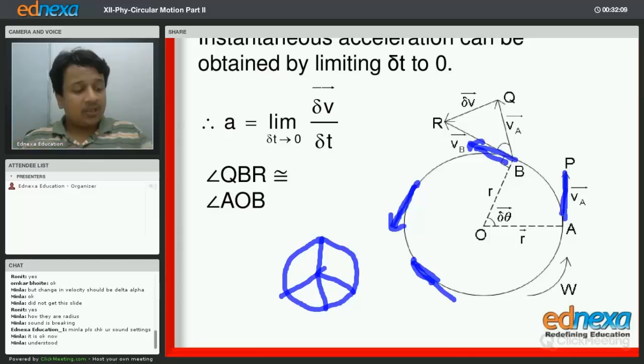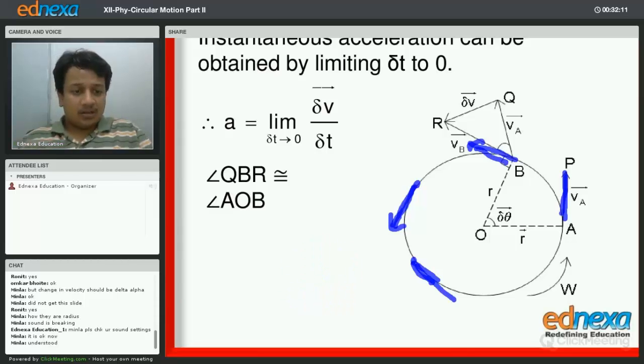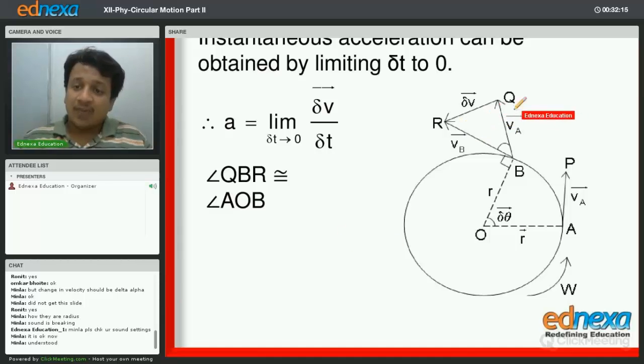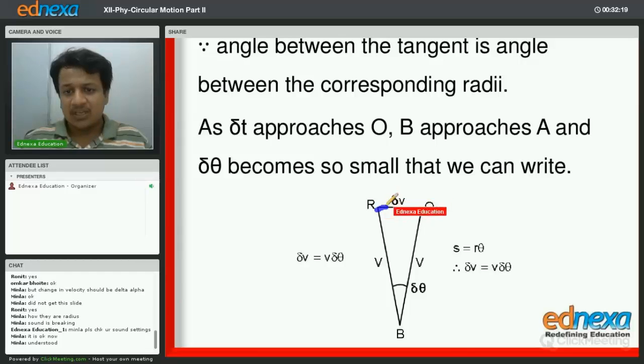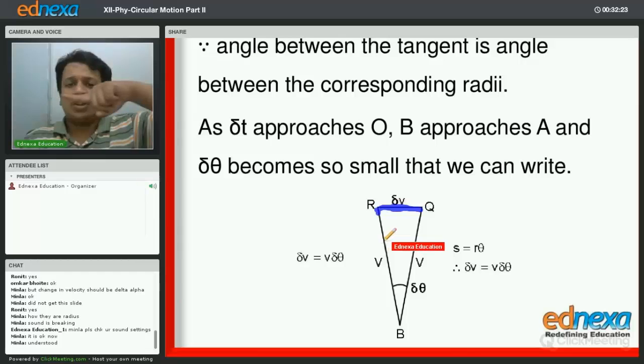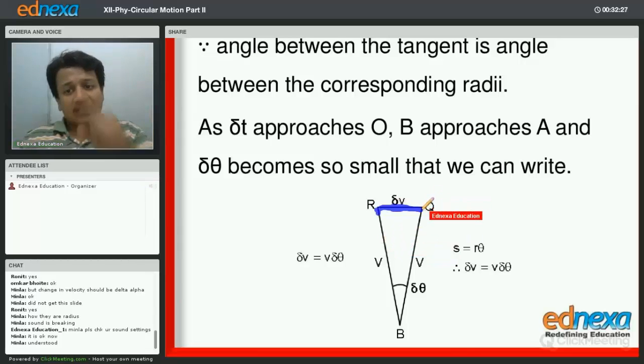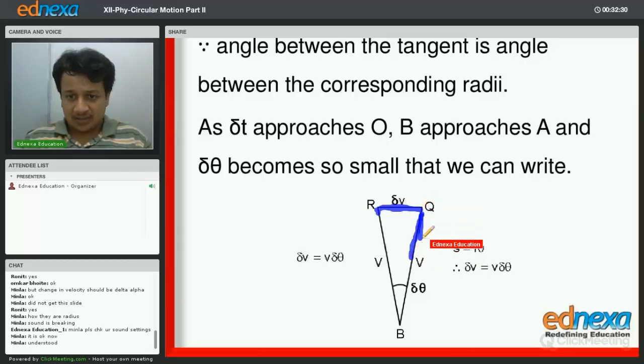So obviously these all tangents will become radius in that situation. That's why VA and VB are the radius. Or if you check this diagram, see, it is a small curve, and when the curve is small, you will see it as a straight line. So it is nothing but a radius.